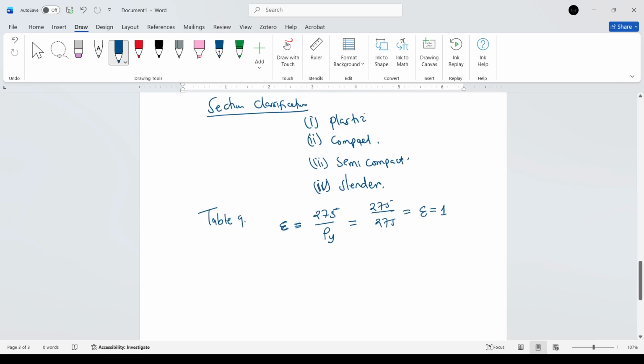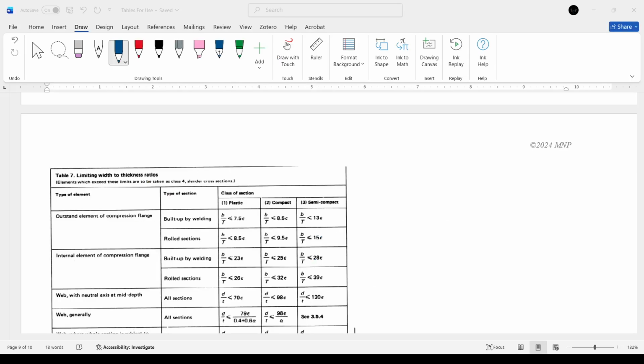So I want to take you to our table for use. Actually, it's table 7. Table 7. Okay. So just to take you here, where is it? Okay, I believe you can see it now.